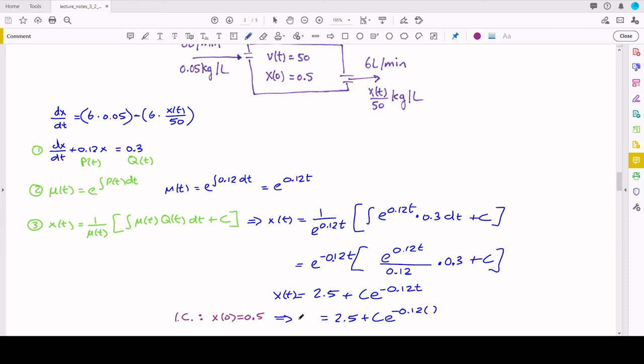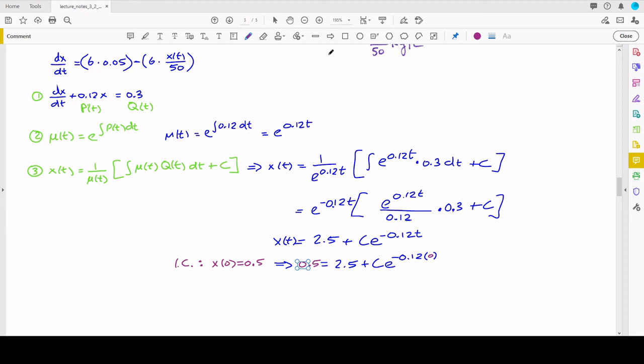Our x is 0.5 and our t is 0. The exponential is 1, and we get 2.5 plus c is 0.5.